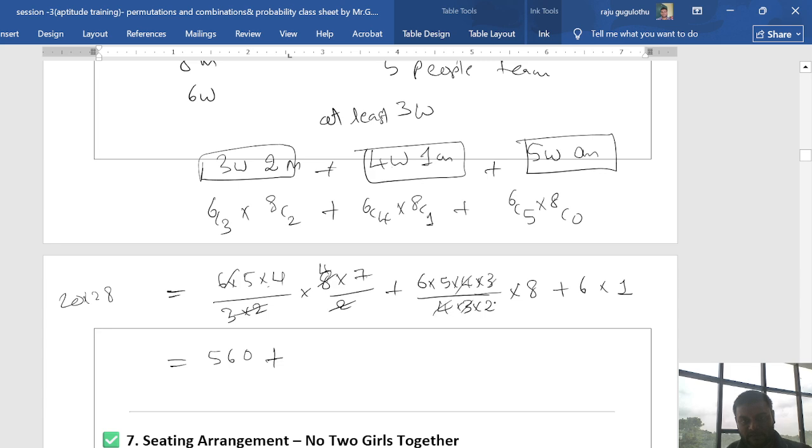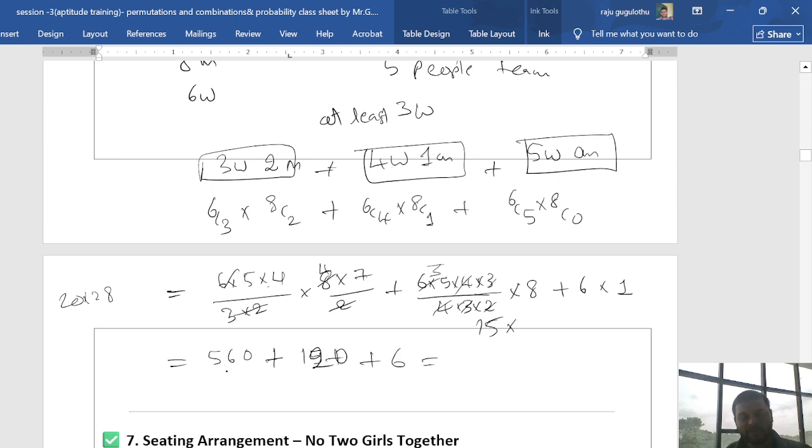Plus, the 4 and 3 will cancel, so 3 into 5 is 15, multiplied with 8 is 120, plus 6.